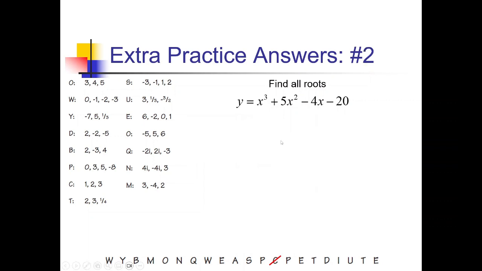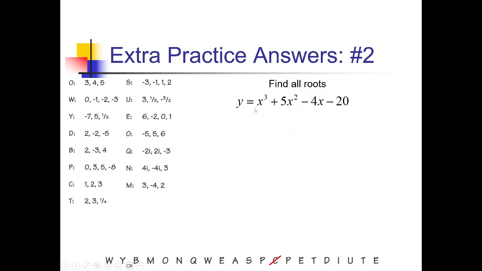Next up, my second problem. Here is another one of those. Now this one, if you look at the ratios, this is 1 to 5 and also 1 to 5 for the first two and the last two terms. So you actually could use grouping on this, but I'll use rational roots because this is all about rational roots in this puzzle, just to show you how it works. So let me get my possible rational roots.